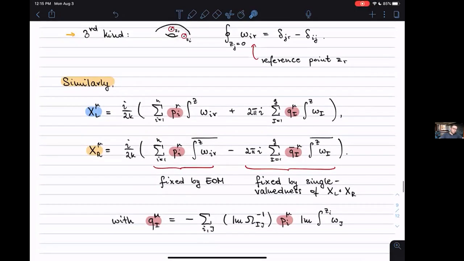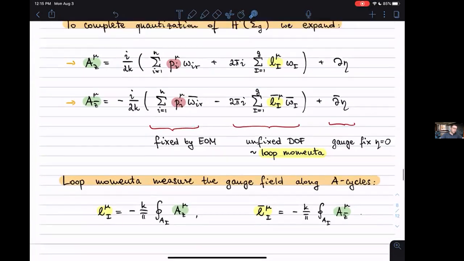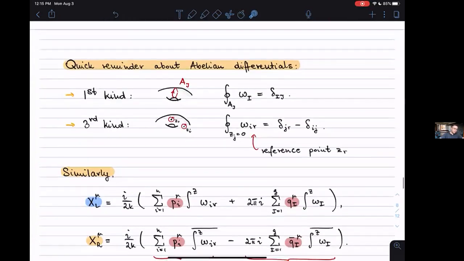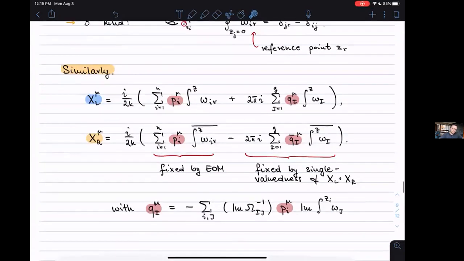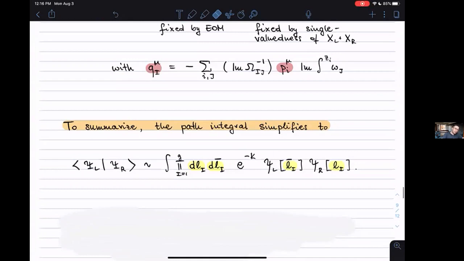So just to summarize what we found so far: we have our action in terms of A fields, which depend on the external data as well as unfixed variables. And they also depend on the X fields, which are now completely fixed in terms of external data. So what remains, when we want to evaluate the path integral, is only the integral over these zero modes, what I called L and L bar.